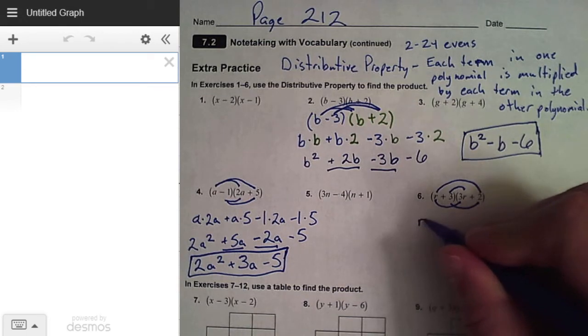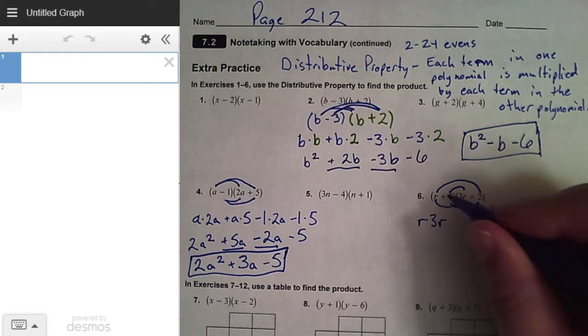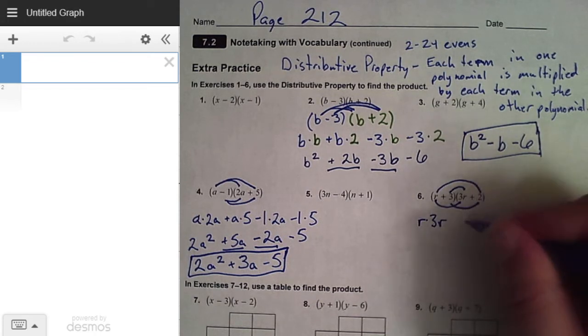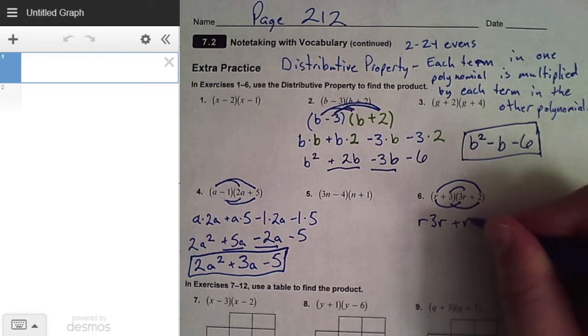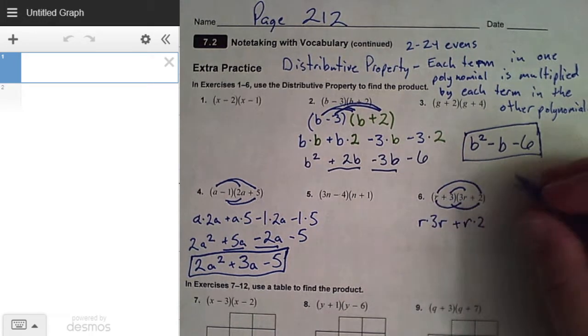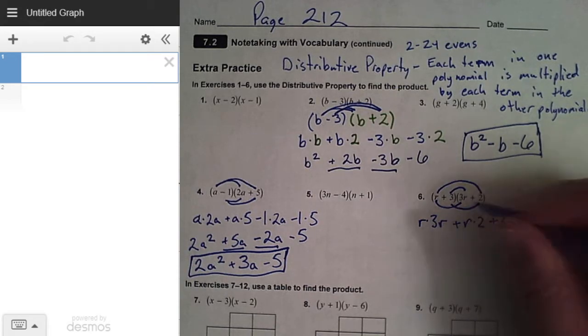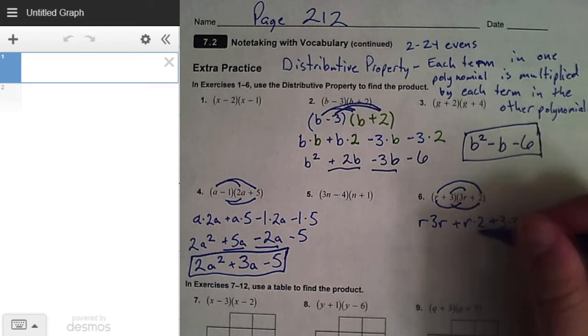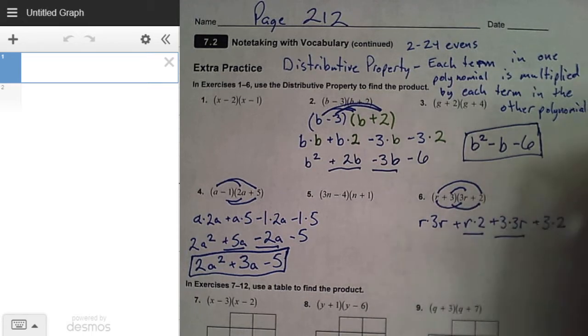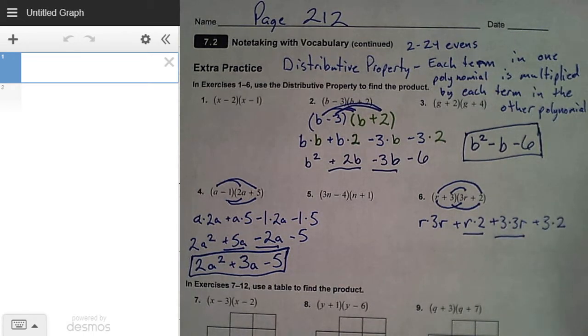So we have r times 3r, and then r times 2. We have 3 times 3r, and 3 times 2. We have those terms right there in the center that we need to combine because they are like terms.